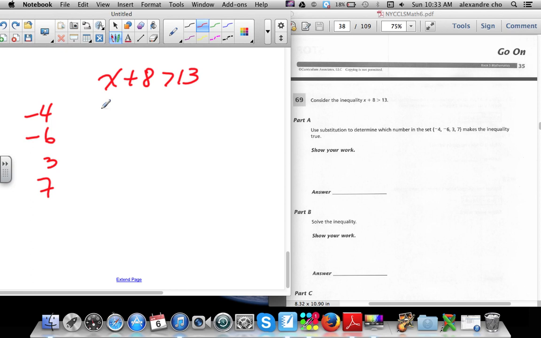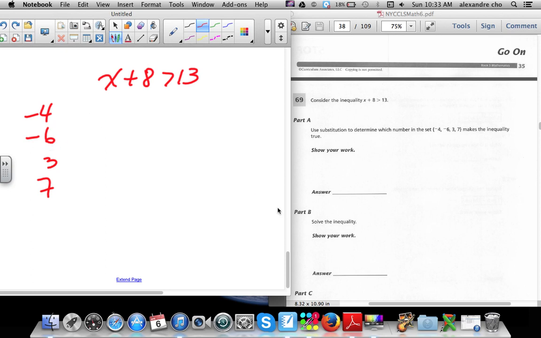So to a certain point, this question does not apply to you. With the numbers 3 and 7, yes. And the numbers -4 and -6, not really. They wouldn't give that to you. But I'll do it anyway.